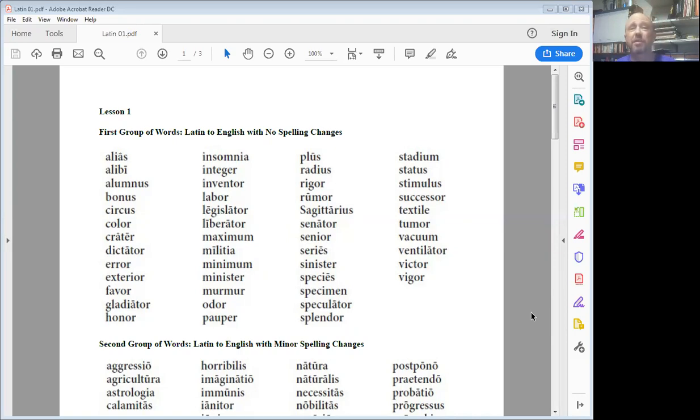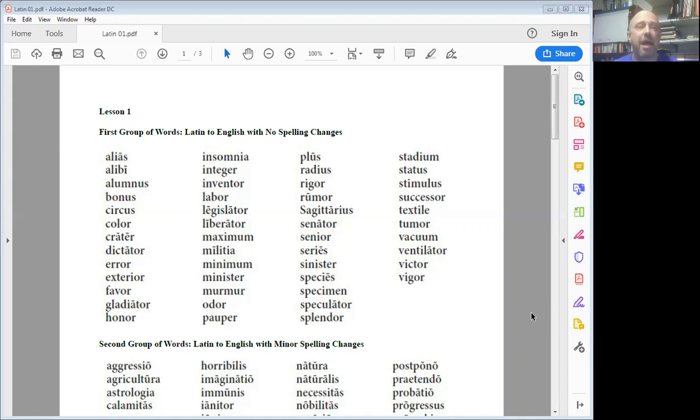But other than that, they're spelled the same, and they have pretty much the same meaning as well. The cultural context might have shifted the definitions a little bit, as in the case of senator. A senator in ancient Rome isn't quite the same thing as a senator today, but there's a reason why the Senate is called the Senate, right?